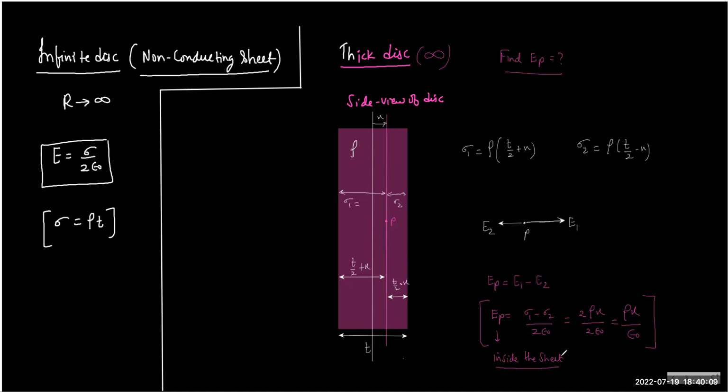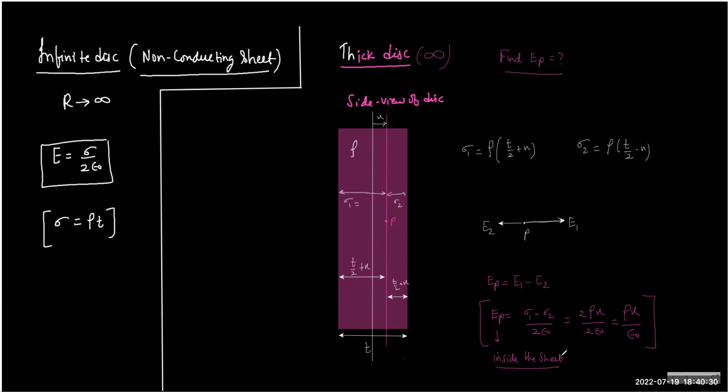T by 2. So at the surface, the electric field will be how much? We need to put x equals T by 2. Once you put T by 2, the answer will be rho T by 2 epsilon naught.